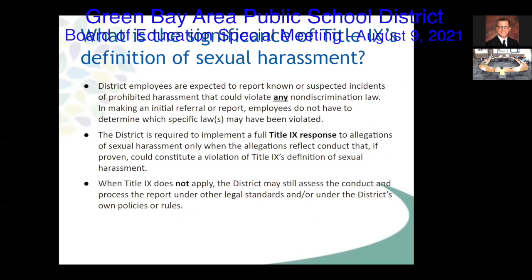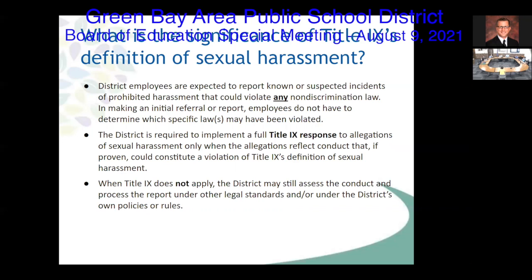The second category of sexual harassment would mean unwelcome conduct that creates a hostile environment. This is more specifically defined as unwelcome conduct determined by a reasonable person to be so severe, pervasive, and objectively offensive that it effectively denies a person access to the district's educational program or activity, including preventing a person from doing their job.